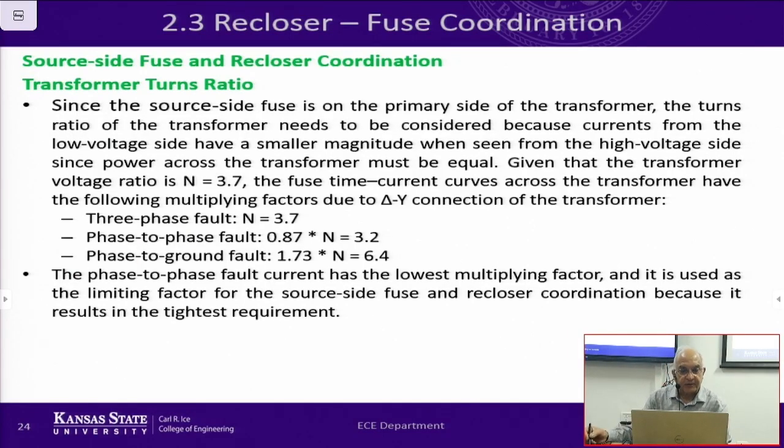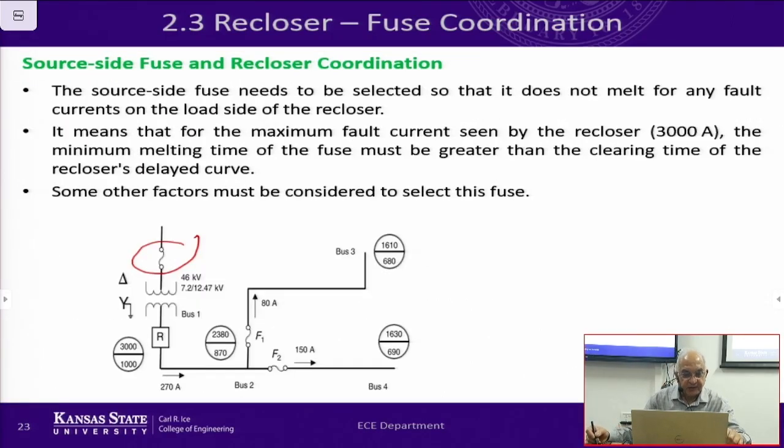Now because we have a delta Y transformer, if you have 3000 amps here, the 3000 amps will become a different value on the high voltage side.